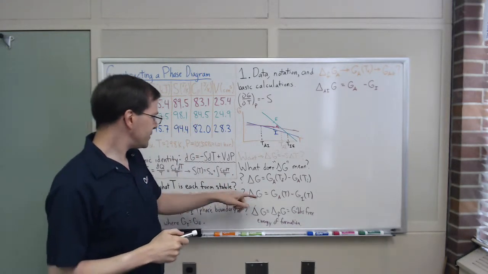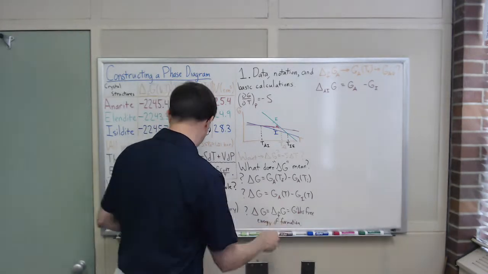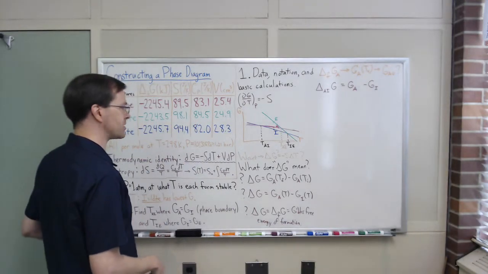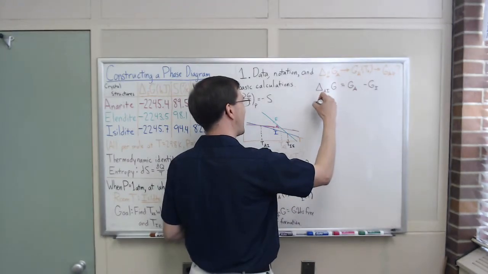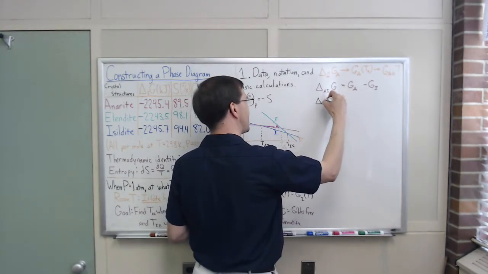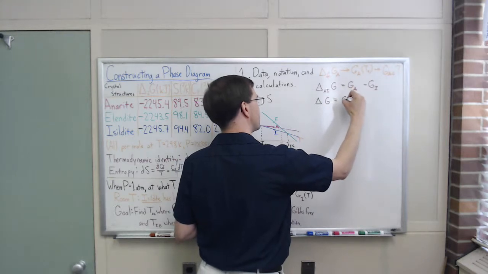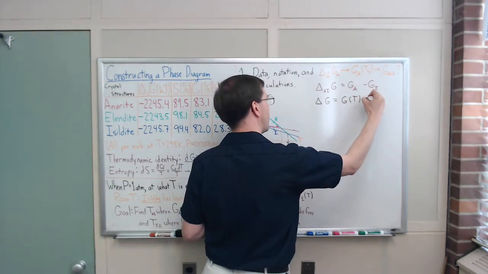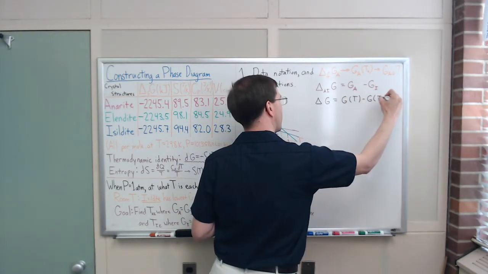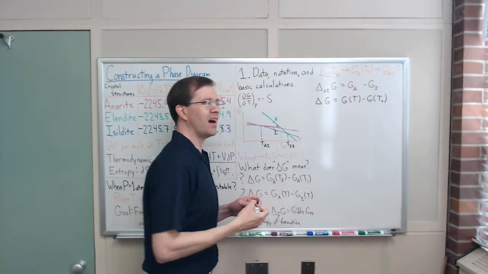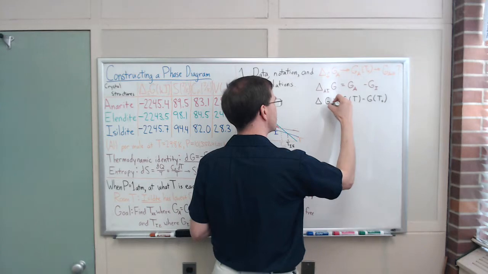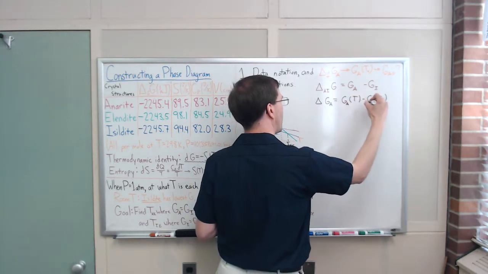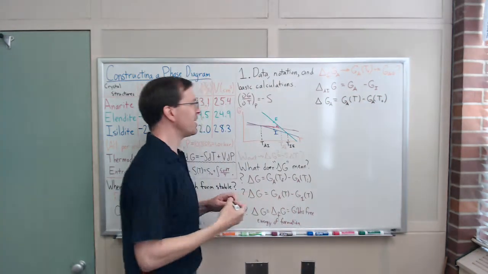And finally, the final type of delta thing that comes up along the way: if I have just a delta G equals G of T minus G of T naught, that's going to come up sometimes too. I should say delta G A, this is all for one particular phase.